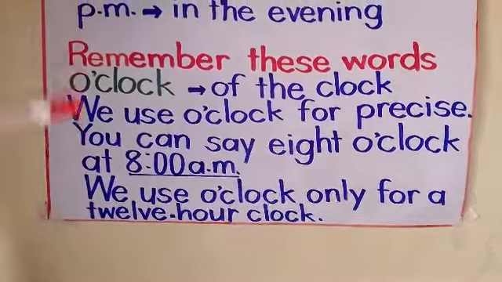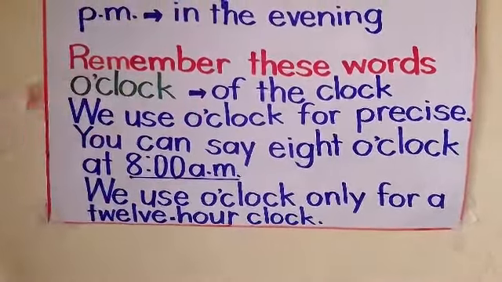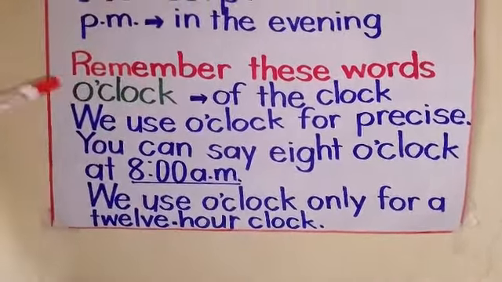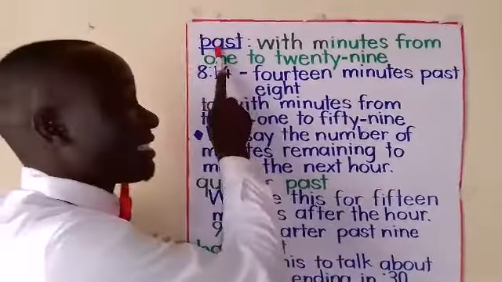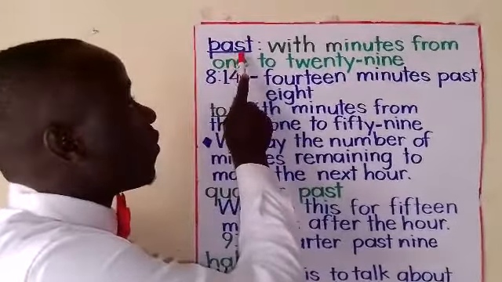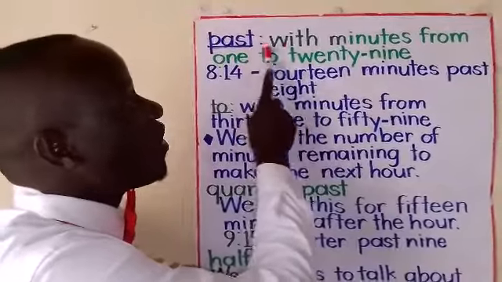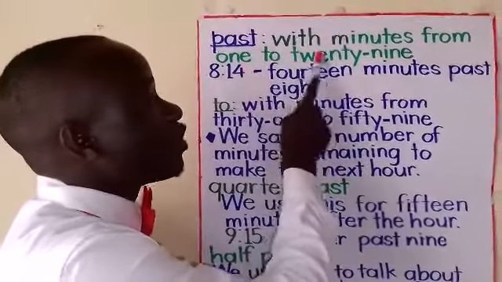Let's look at other words that we should remember to use whenever we are telling time. Another word that we shouldn't forget is past. We use this word past with minutes from 1 to 29.